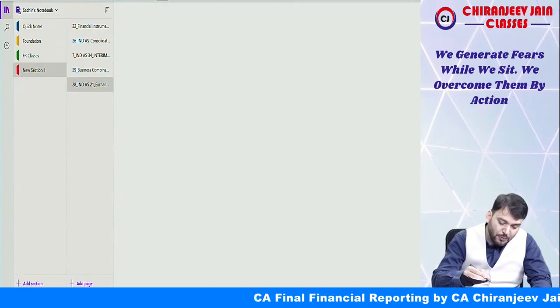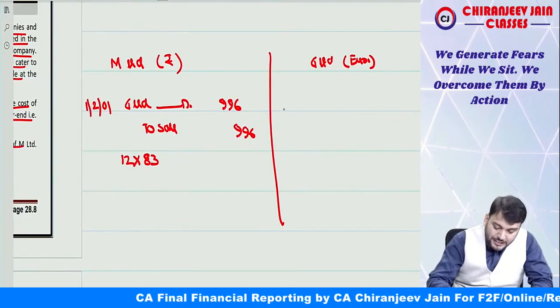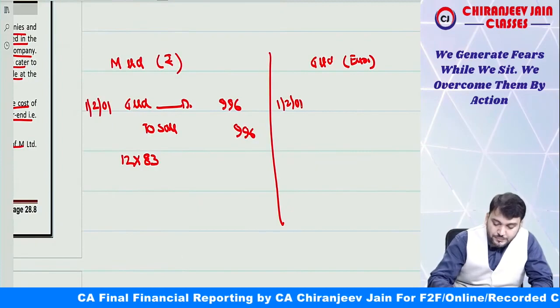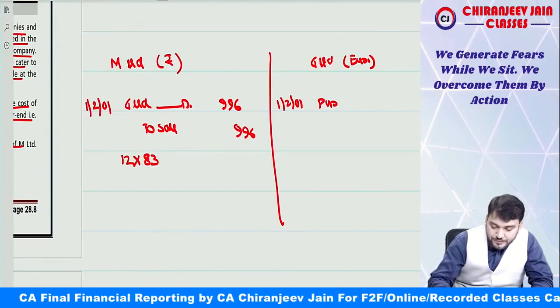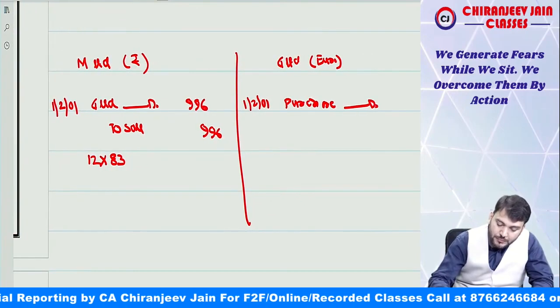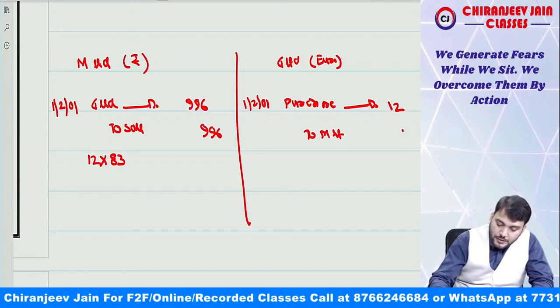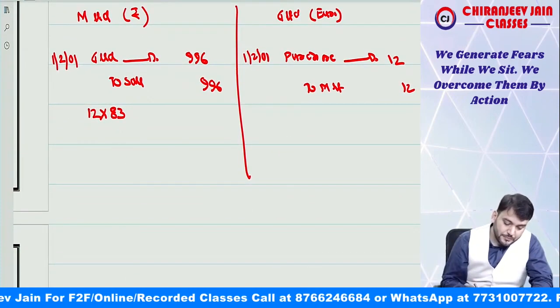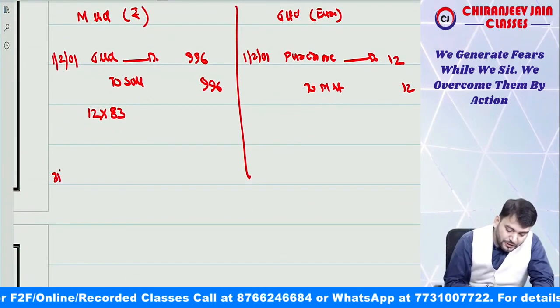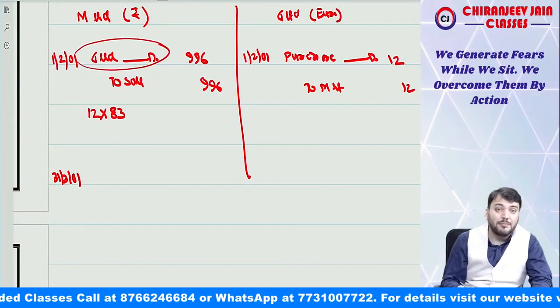I hope you have understood this point. And what will be the journal entry in this case on 1 Feb 2001? Can I say purchase account debit 12 to M Limited 12? Yes, sir. Then on 31st March 2001, this G Limited is a monetary item, a debtor.